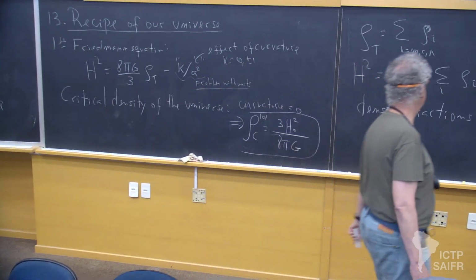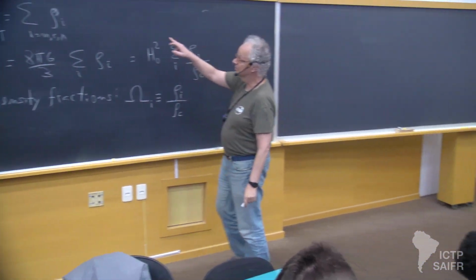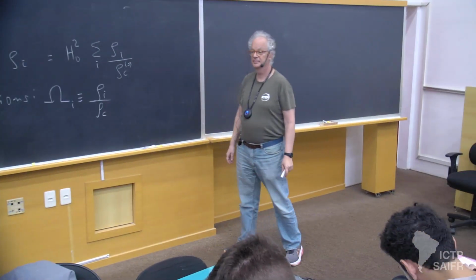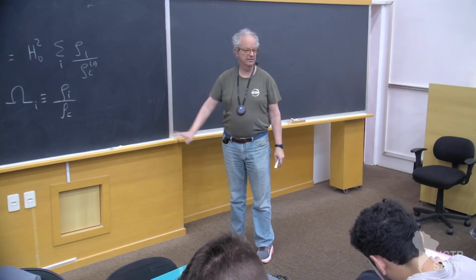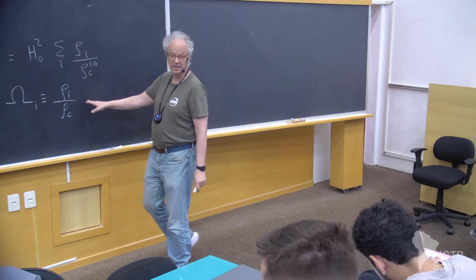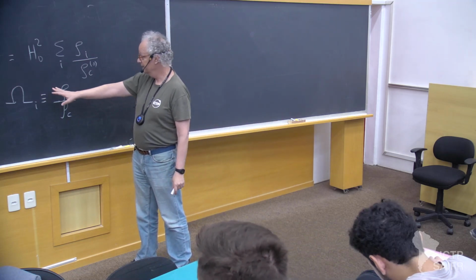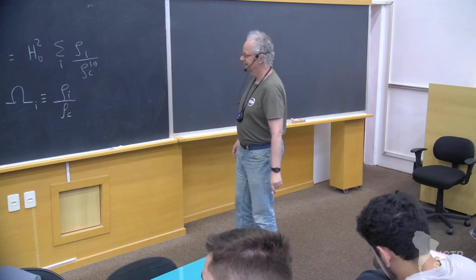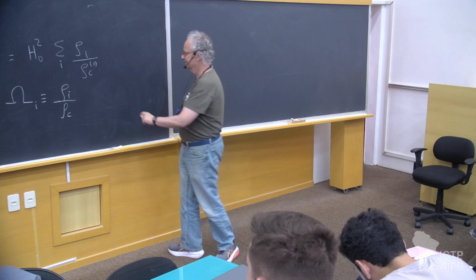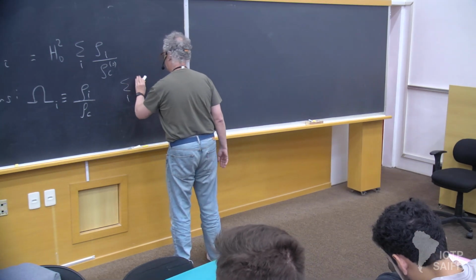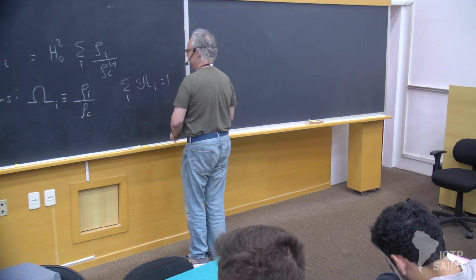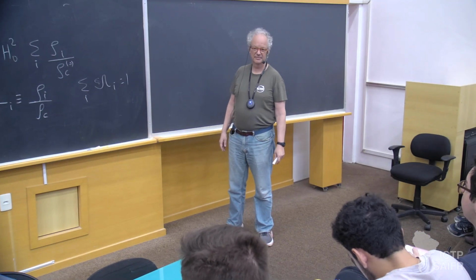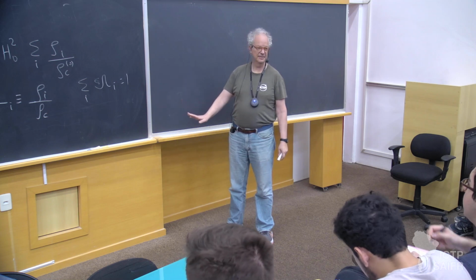So the ratio of the density of the component i divided by the critical density. Okay, that's the name that we give. So this depends on time. Okay, at this point it depends on time. So the sum of these components is 1 at every time. That's independent of time. Is that okay so far?